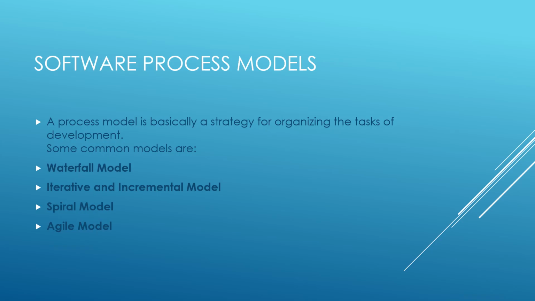We will look into the details of each model one by one in coming slides. If you have a question in your mind that there are four models mentioned here, which one of these models is the best one to use in the software development process, the answer is that no single model is perfect for every project. The choice depends on project type, requirements, risk, and customer involvement. All these factors are included in a software development process.